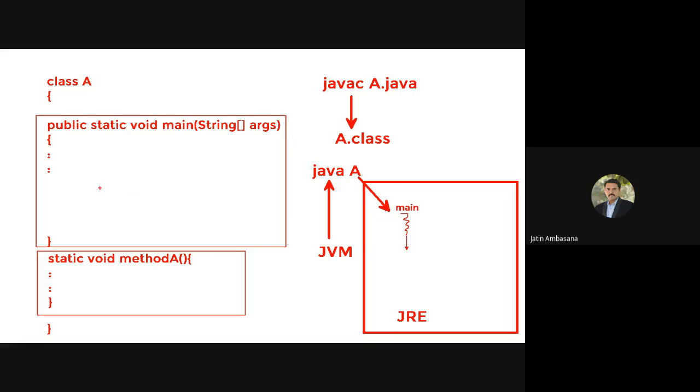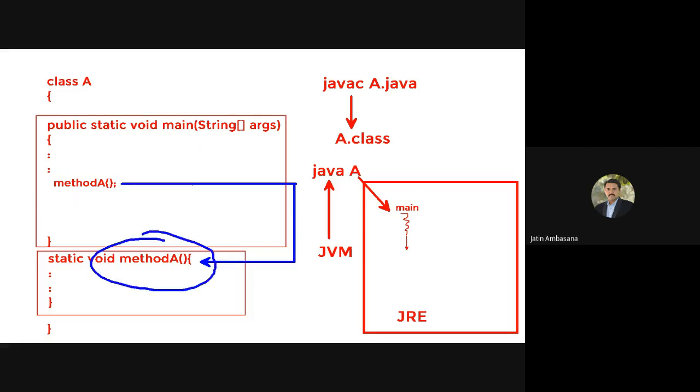Normally, when you call method A over here, the control gets transferred from this main method to method A.